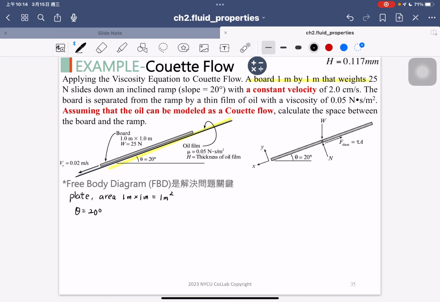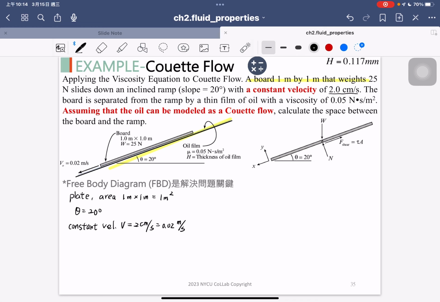And we already know the plate moves with a constant velocity of 2 centimeter per second. So we have the constant velocity, v equal to 2 centimeter per second, and we convert the unit to meter, 0.02 meter per second.